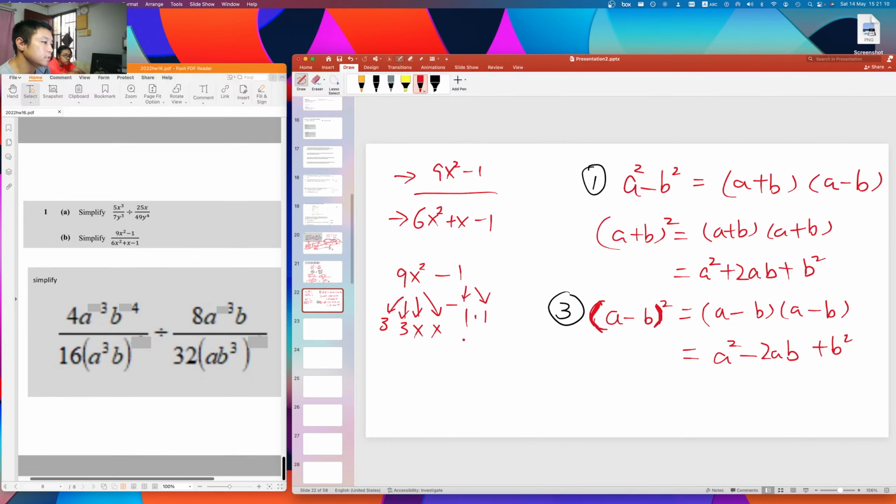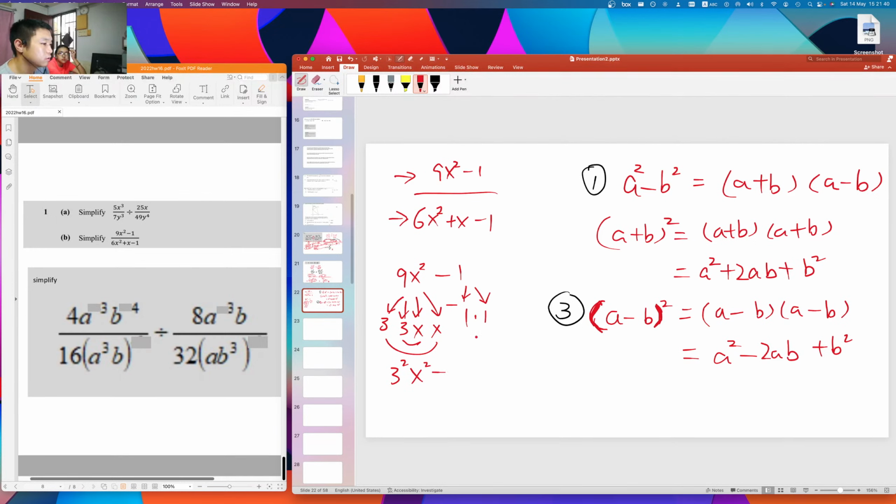Why? Can you see that you have 3x, you also have 3x? So basically, 9x squared is actually equal to how many 3 you have here? 2. So it's 3 to the power of 2. How many x you have? 2. So x to the power of 2.